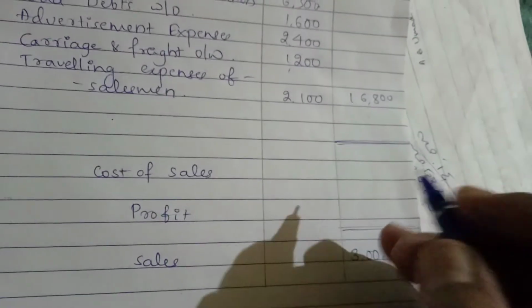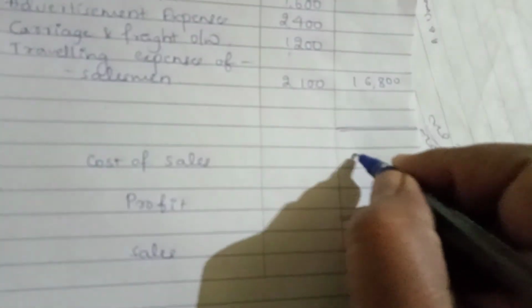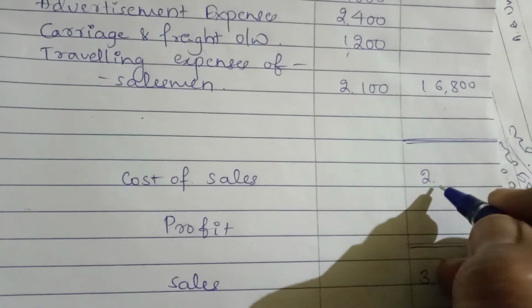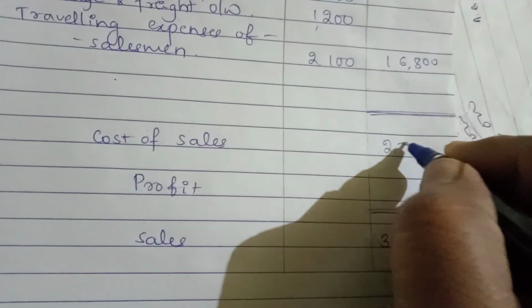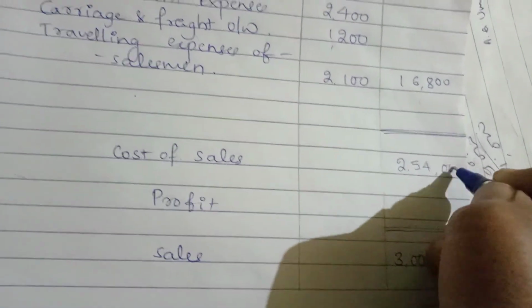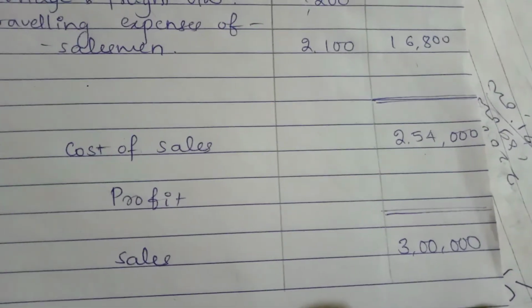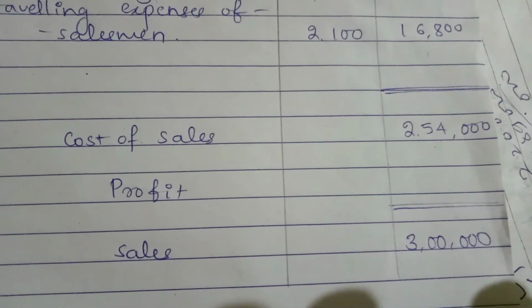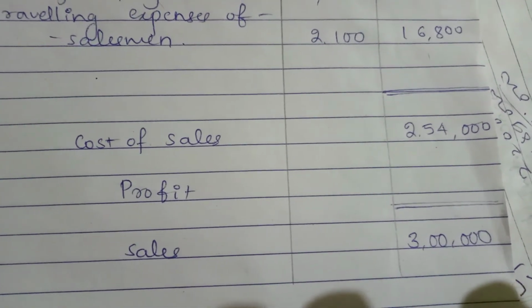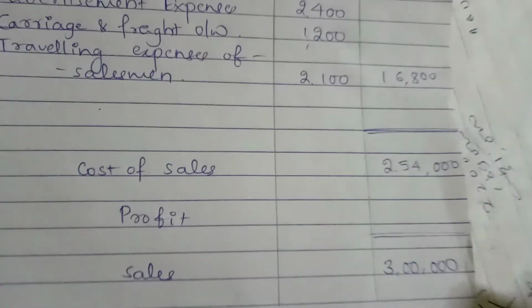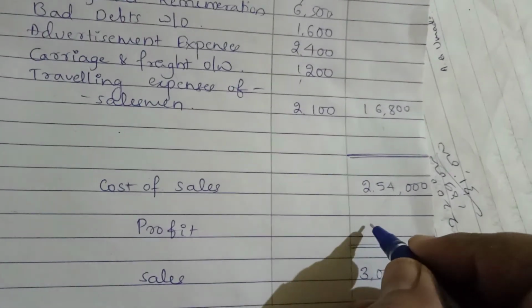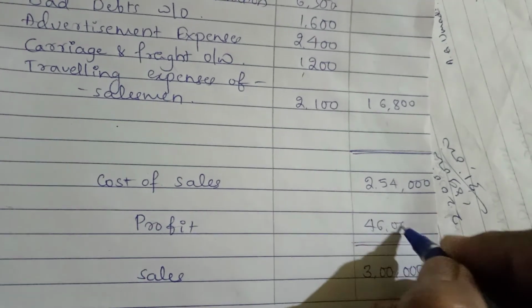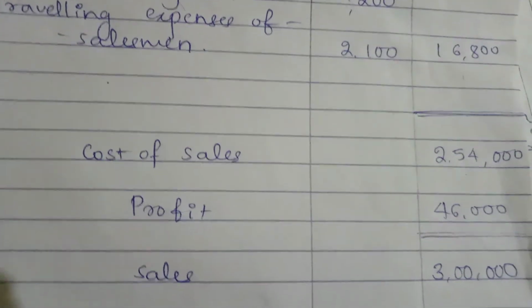Now the cost of sales amounts to rupees 2,54,000 only, and this 2,54,000 should be deducted from the sales. We will get the profit amounted to rupees 46,000. So here I will write profit amounted to rupees 46,000.